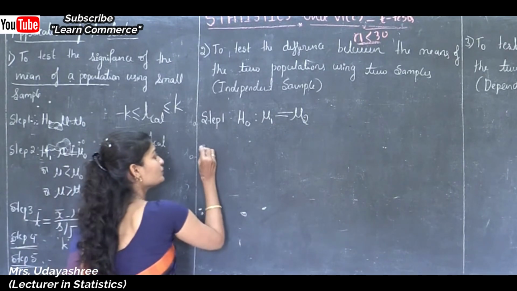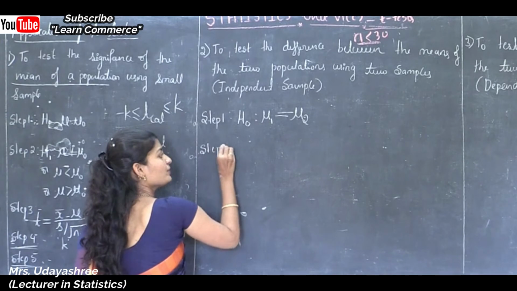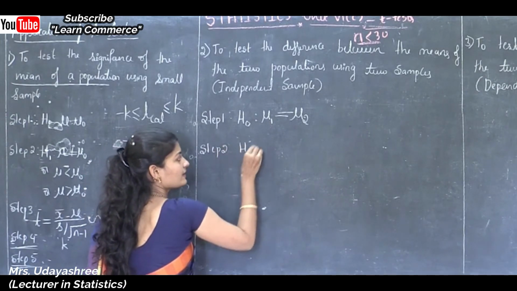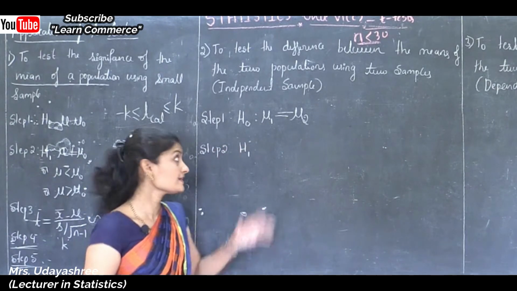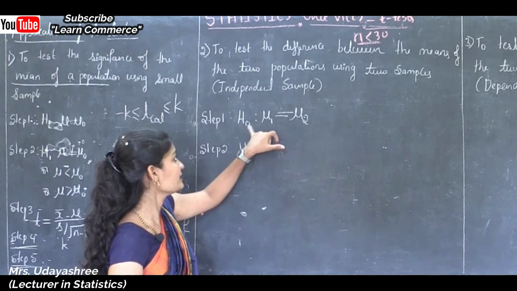Then what is step 2? Step 2 is the alternative hypothesis, which is the possibility of rejecting the null hypothesis.